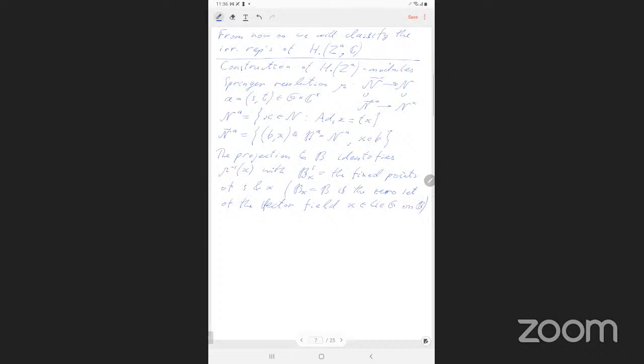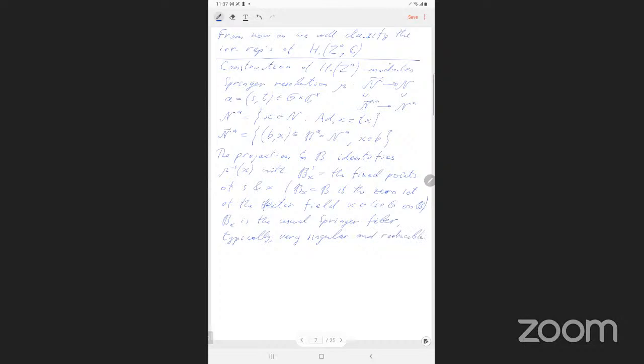And while B^s is necessarily smooth, being the zero set of the vector field s, B_x is the usual Springer fiber, and it's typically very singular and reducible.